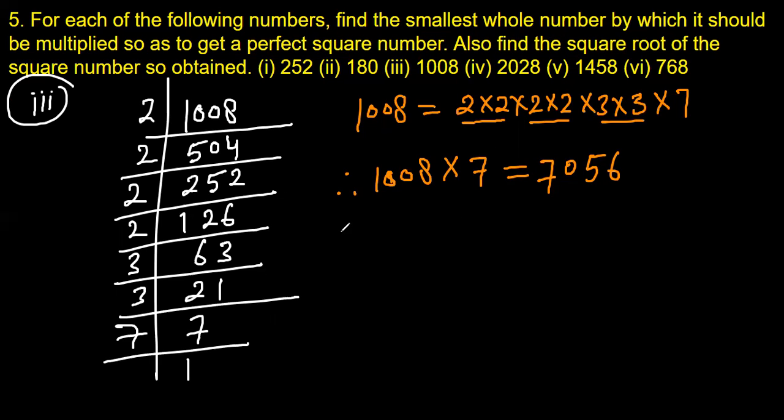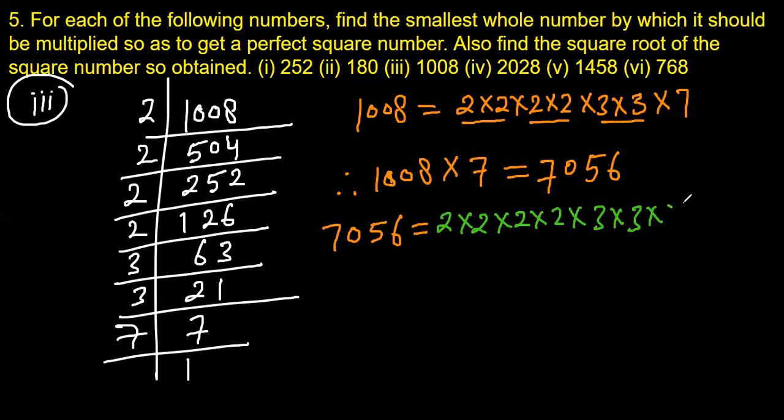Now the factors of 7056, what will be the factors of 7056? All factors will appear as they are, 2 times 2 times 2 times 2, and also you will have 3 times 3, and you will also have a pair of 7 now.